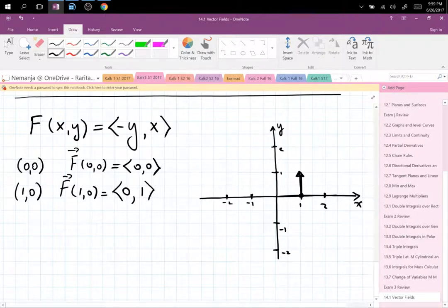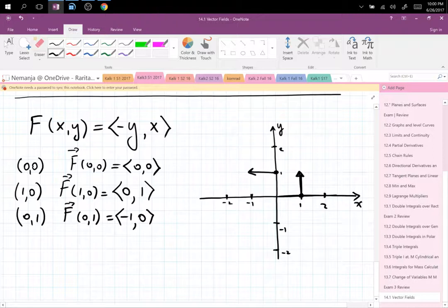What's happening at 0, 1? Well, x is 0, so that's the second, and this is negative 1. So it points to the left.